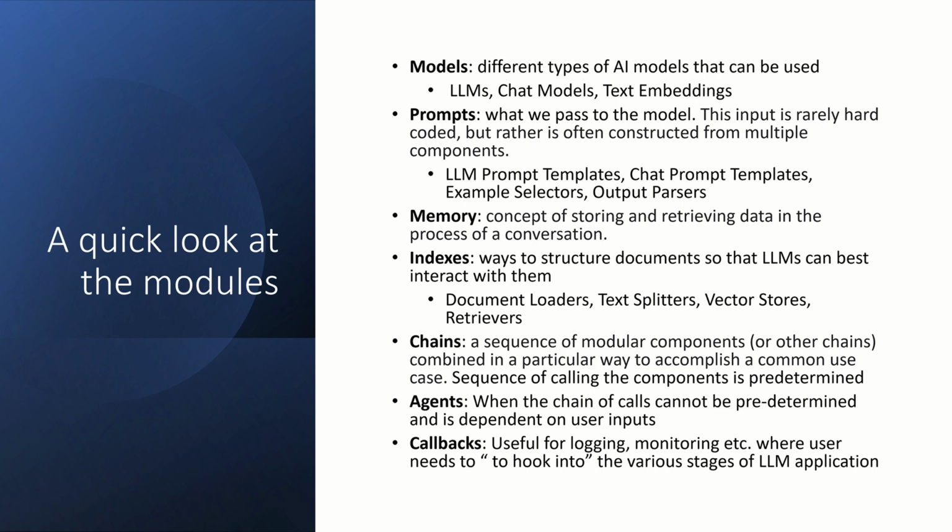But the sequence we may not be able to predetermine, and it might depend on the user's input, right? In one query the user might just ask for a calculation, and in another query they might ask for a web search plus a calculation. That is where the agents come in.